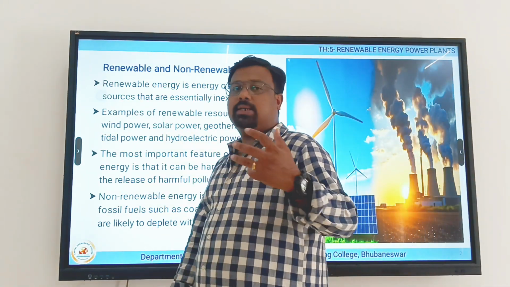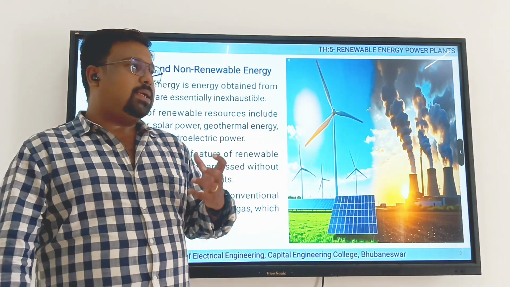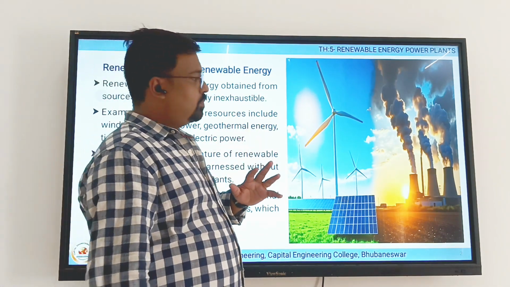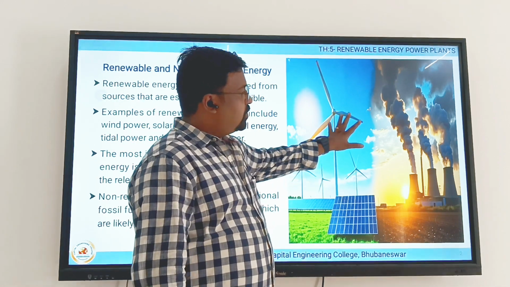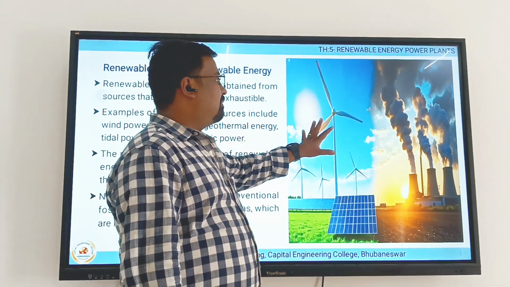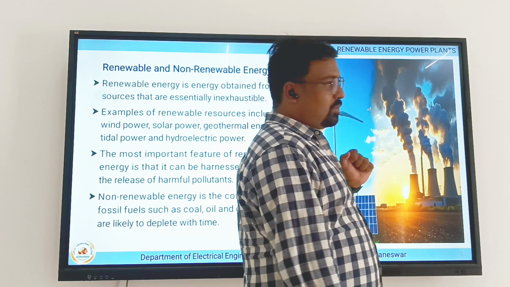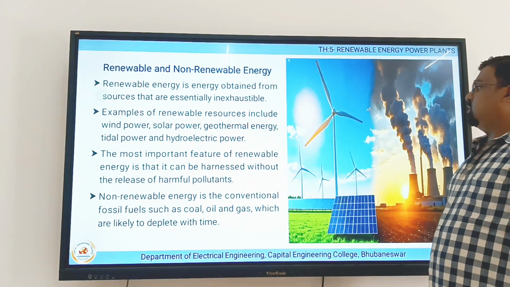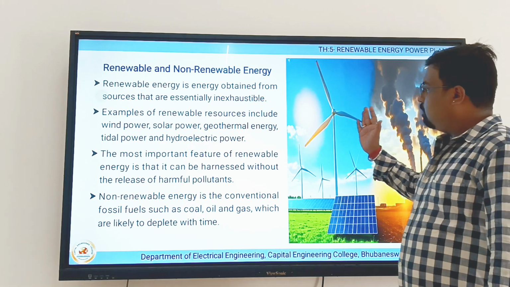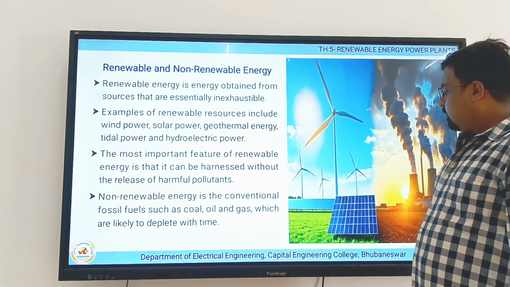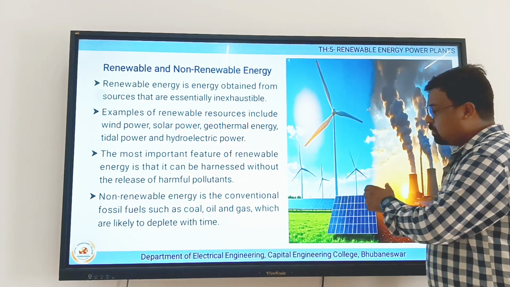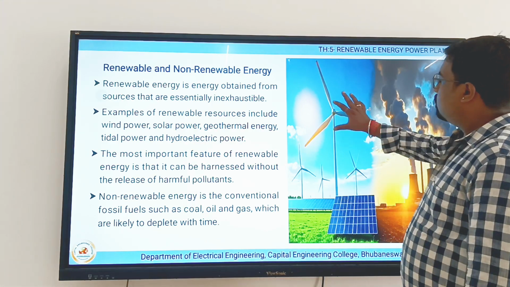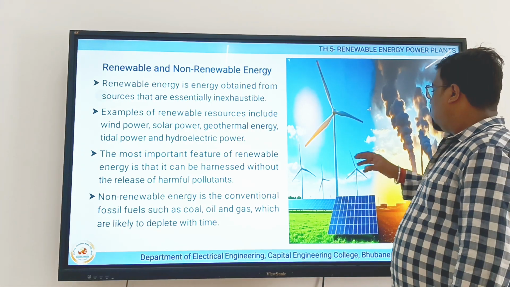So let's start our discussion from this very interesting topic, renewable and non-renewable energy. There is a picture. You can see what is depicted in the picture. On one half of the picture, you can find some solar photovoltaic cells, arrangements of solar panels, and some wind turbines.